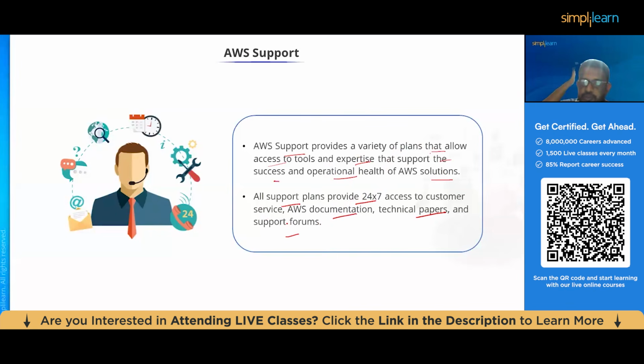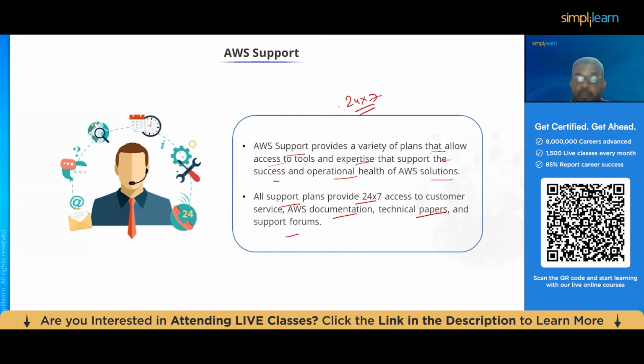When they provide a solution, they provide it with proof, like AWS documentation. AWS documents are excellent; for everything you will get documentation. They even provide technical papers on why the answer is correct, and support forums. This support is always available for you 24/7.